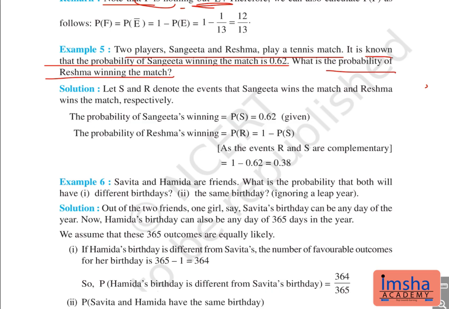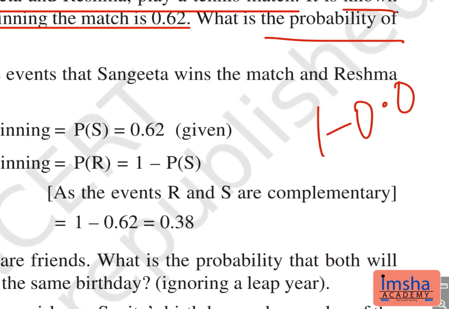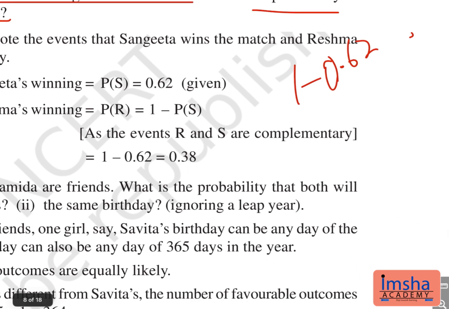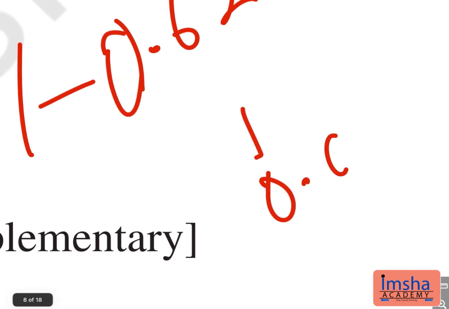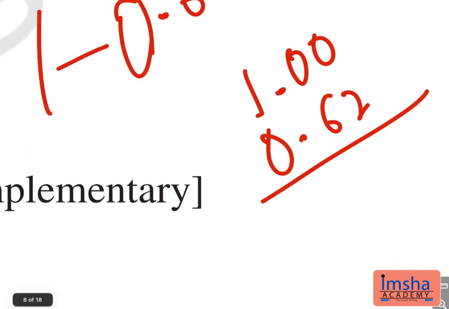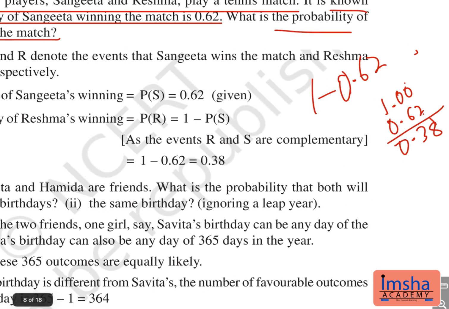So we can just subtract it, 1 minus 0.62. 10 minus 2 is 8, 9 minus 6 is 3, so 0.38.